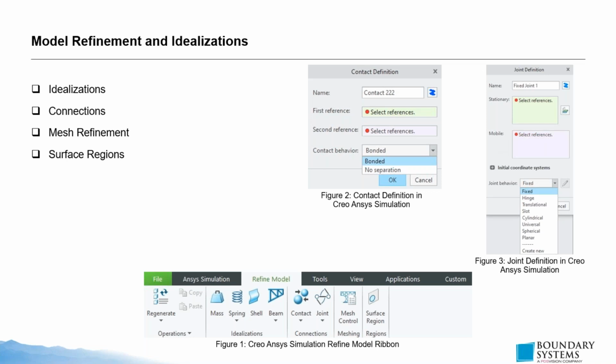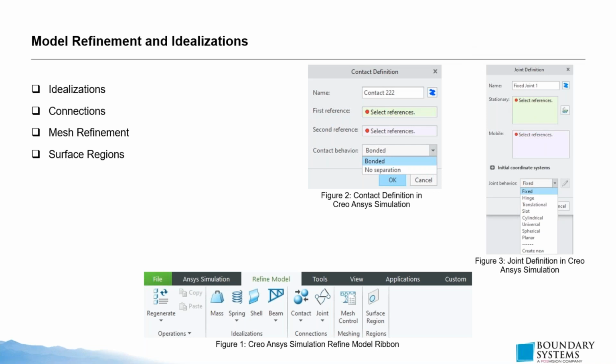But overall, we are not able to do things like applying a coefficient of friction between 2 materials and see how they slide together. That's a functionality that will be coming in the future. But right now, we're limited to bonded and no separation contacts, as well as these joints, which will allow for motion, but nothing with friction.